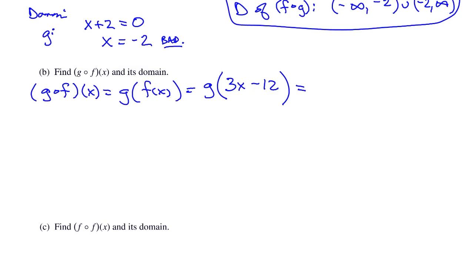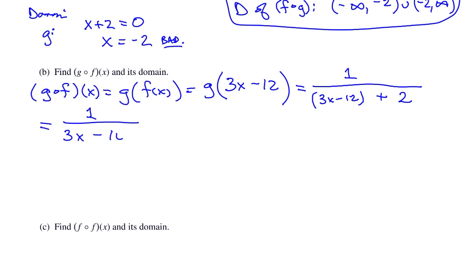When that goes inside of g, we're going to get 1 over 3x minus 12 plus 2, because g was 1 over x plus 2. Simplifying the denominator, we get 3x minus 10.